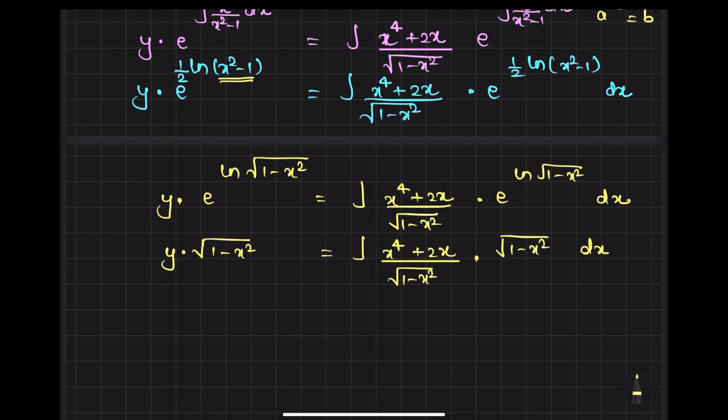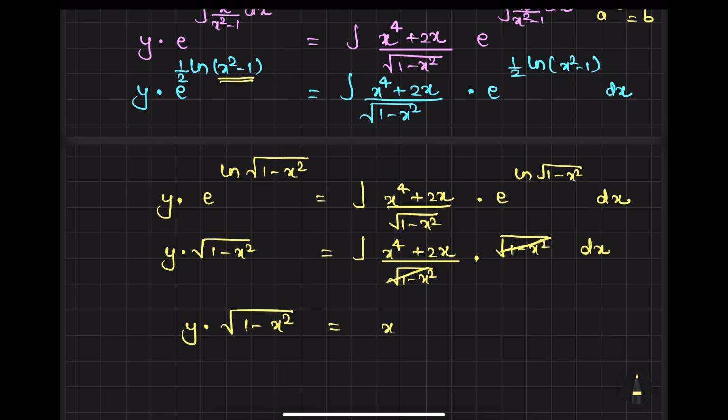They deliberately put this form so that if you write root over x square minus 1, you end up creating a problem. Okay, so that is gone. Now do the integration. So we got y times root over 1 minus x square.